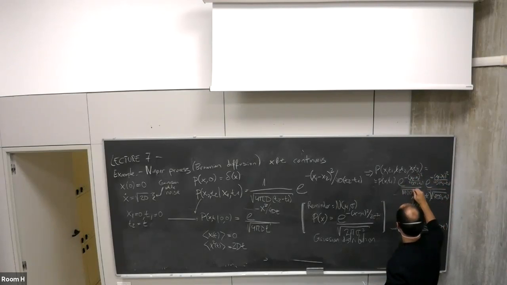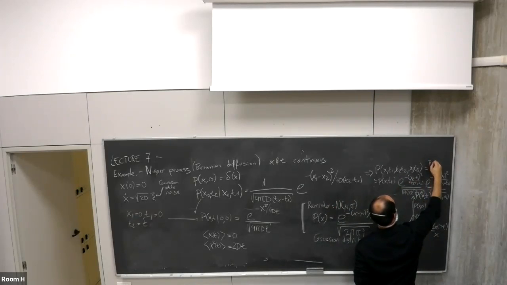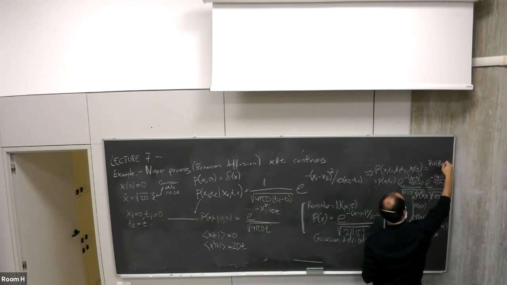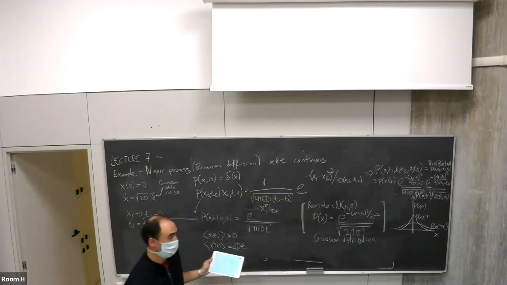I'm writing this as P(x1 t1), and then the two propagators, P(x2 t2 given x1 t1) times P(x3 t3 given x2 t2). That's why there are three items. This is what I explained to you yesterday.